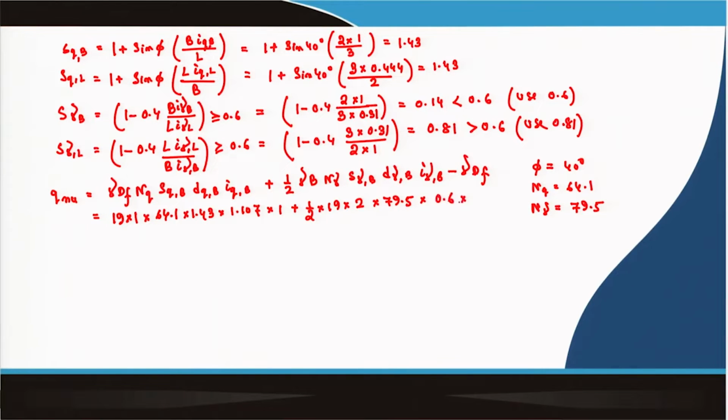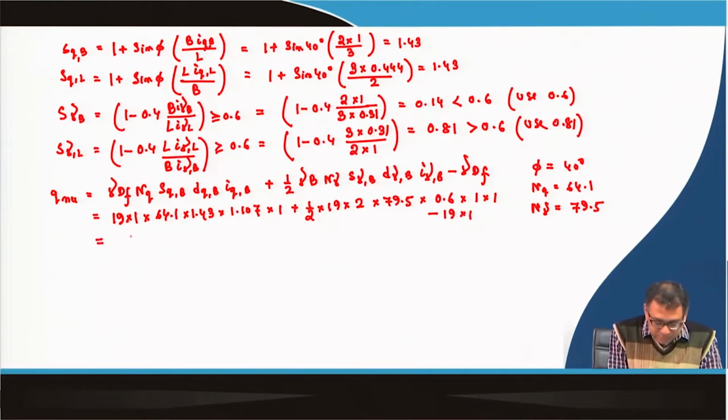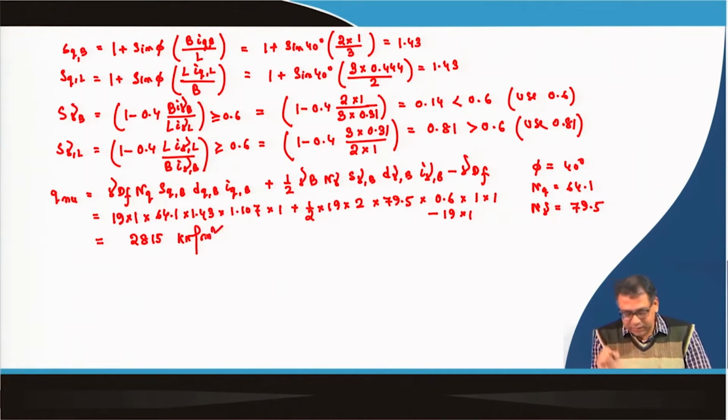Okay. Then d gamma B is 1 and I gamma B is also 1. And then minus 19 into 1. So this value is coming out to be 2815 kilonewton per meter square. This is one set of equation.